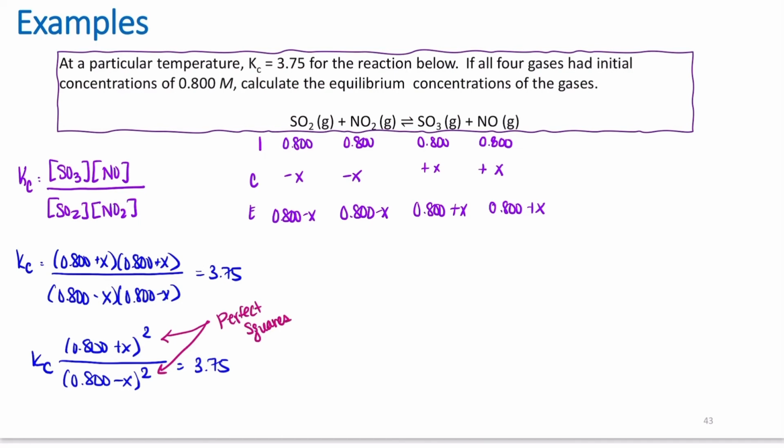Take the square root of both sides. So the square root of 3.75 is equal to the square root of 0.800 plus x quantity squared divided by 0.800 minus x quantity squared.